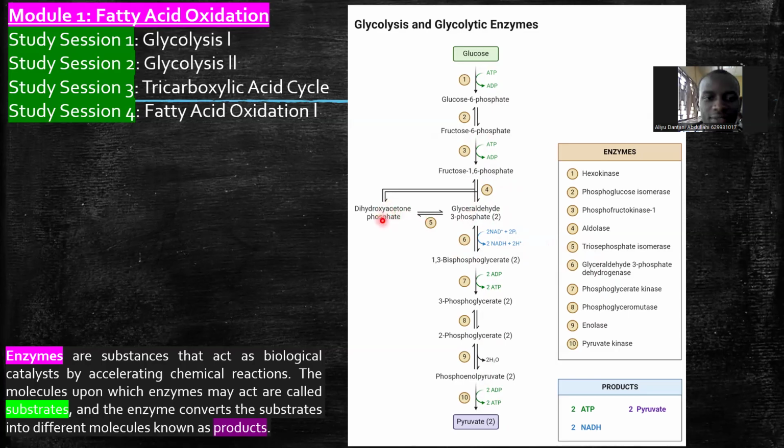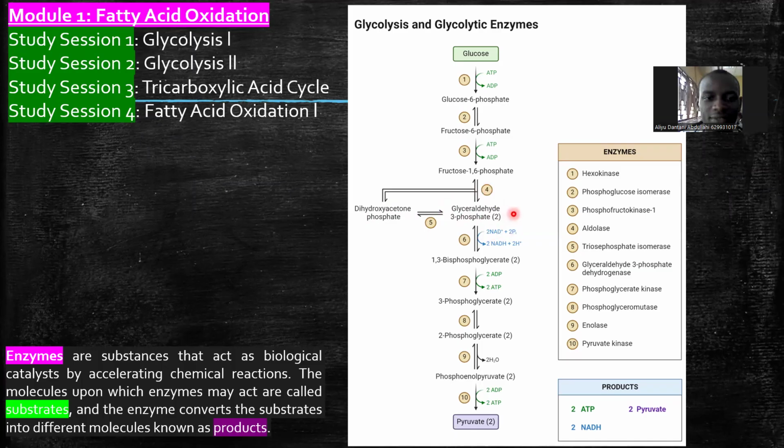But dihydroxyacetone phosphate is converted to this because the reaction is interchangeable. It can go forward and reverse. So we need glyceraldehyde 3-phosphate for glycolysis. We don't need this right now. So this dihydroxyacetone phosphate is converted to this, and that's why you have these two here. It means after this was converted to glyceraldehyde 3-phosphate, we now have 2 molecules of glyceraldehyde 3-phosphate.